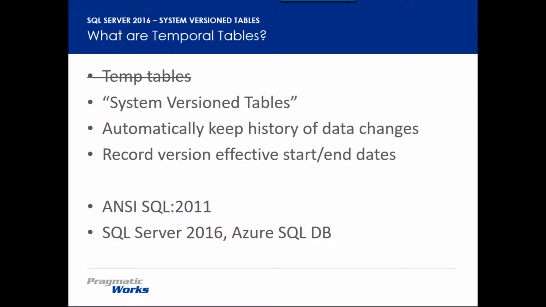So calling them system version tables helps me understand exactly what they are and what they are not. A system version table will automatically track history of any data changes made in your table. We will talk a lot about how that works. A key part of how it works, though, is that each row in a table has an effective start and end date, and that's how we can manage the versions of different data items.